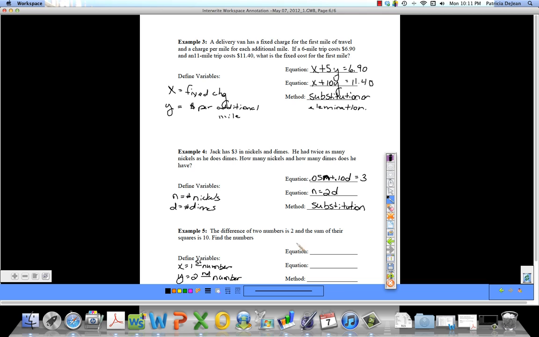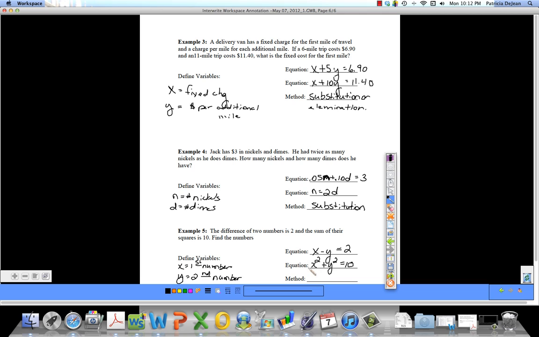Difference means we're going to subtract, so x minus y equals 2. And the sum of their squares, that means you've got to square them. x squared plus y squared is 10. So you've got to square both of them and find the numbers.